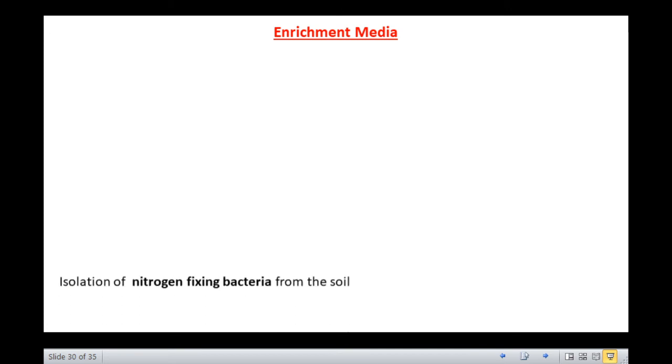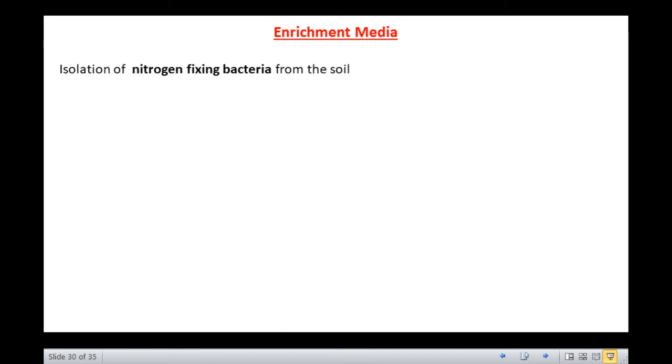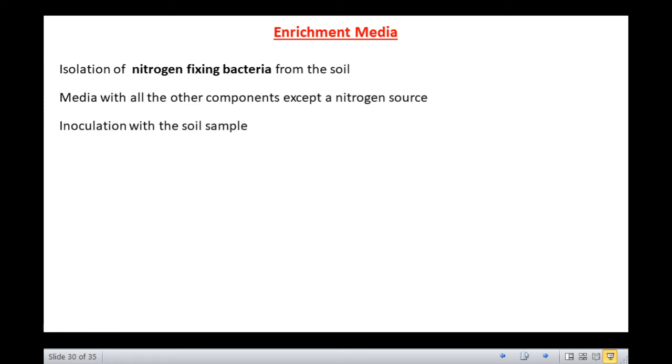Similarly, if nitrogen-fixing bacteria are to be isolated from soil, a media with all the other components except a nitrogen source is made. When inoculated with the soil sample, only nitrogen-fixing bacteria can grow, which can assimilate the atmospheric nitrogen.